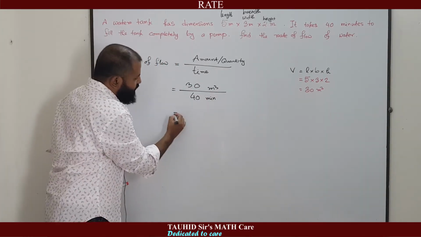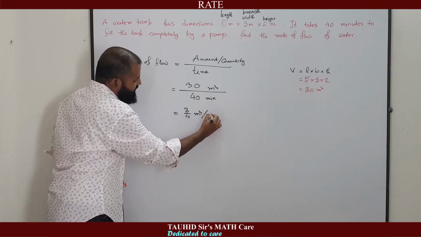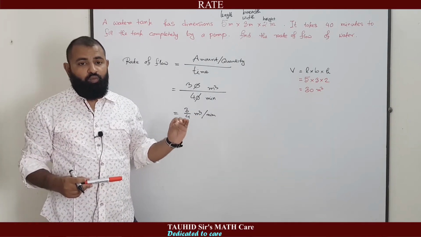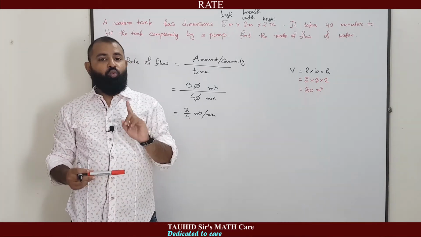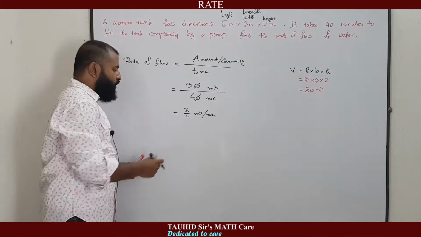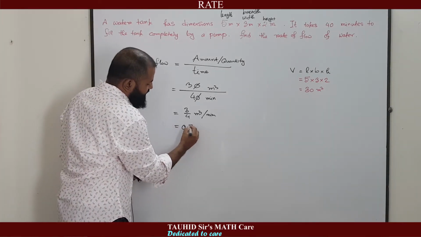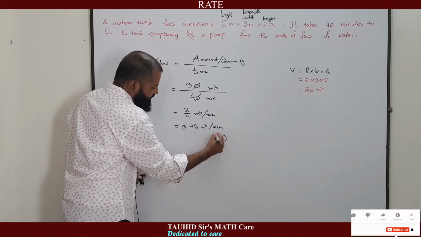So the rate of flow will be 3 by 4 meter cube per minute. The rate of flow of water is 3 by 4 meter cube per minute. That means in 1 minute 3 by 4 meter cube water flows, or in decimal we can write 0.75 meter cube per minute. This is our answer.